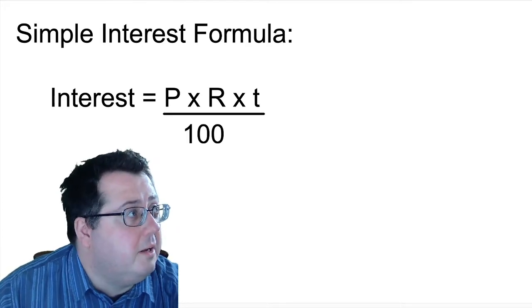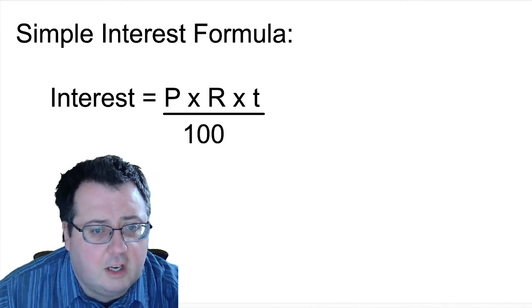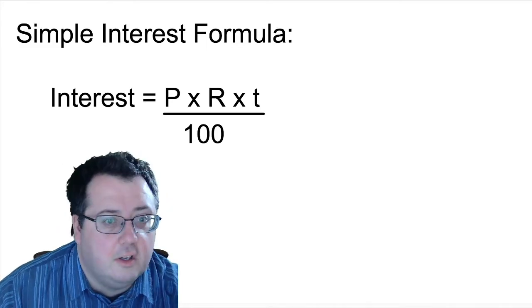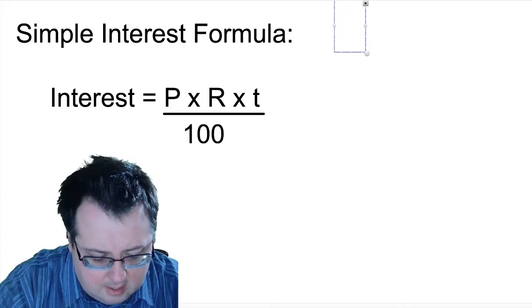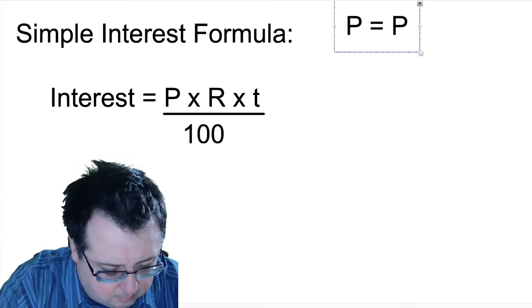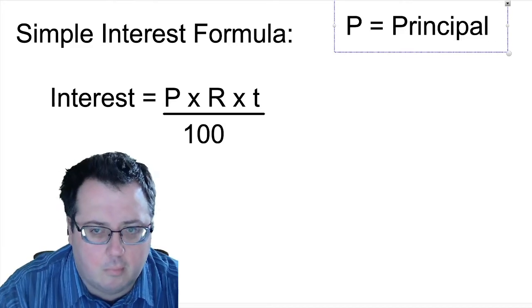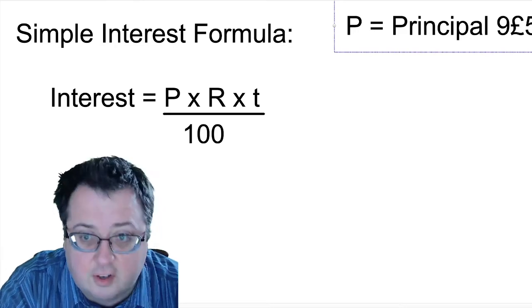So there is a formula that allows you to do this. Okay, P times R times T divided by 100. I'll go through what each of these things are. P is the principal, or the original amount, in this case £500.